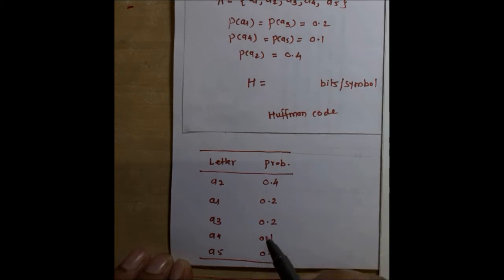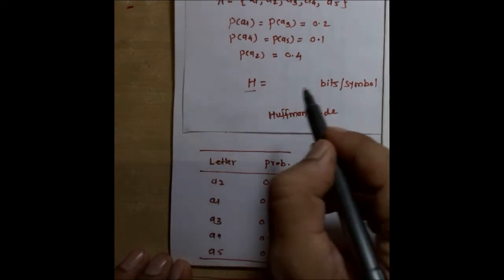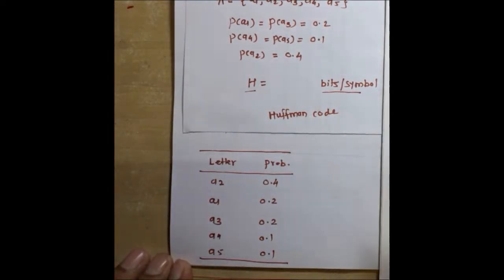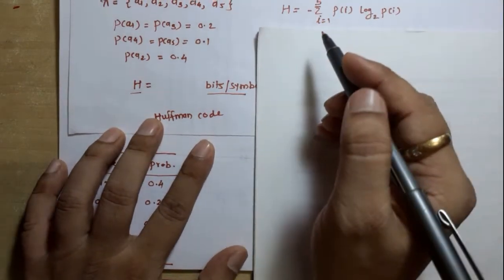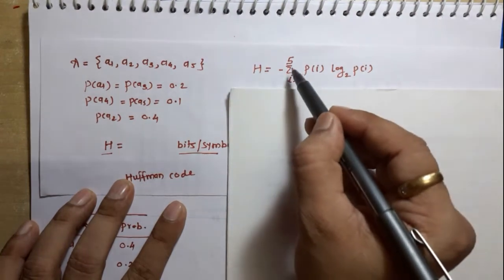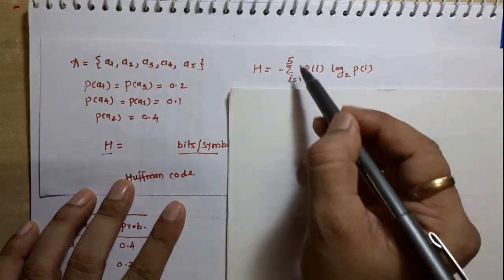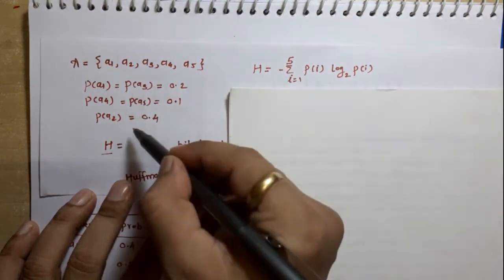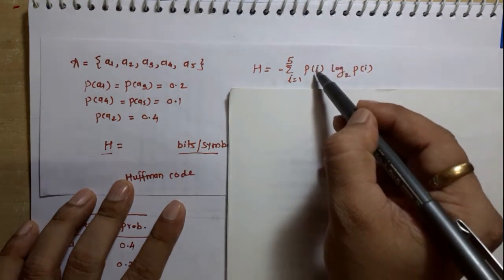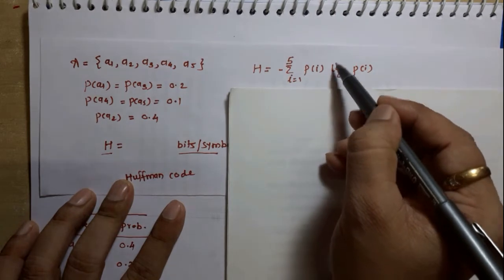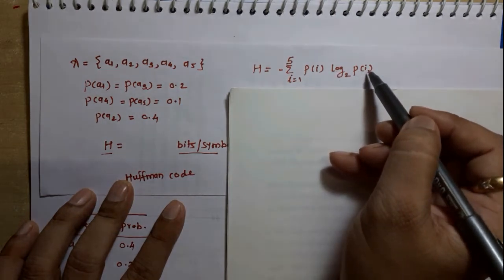The next step is to find the entropy for the given problem. The entropy H is equal to the summation of i equals 1 to 5, as 5 symbols are given. So probability of the first into log base 2 of the probability of the first.